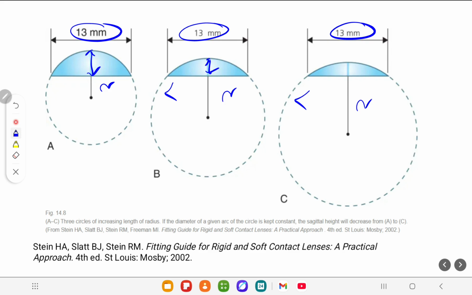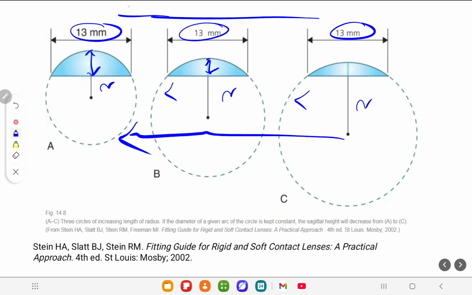The radius of curvature gets smaller, but at the same time the sagittal height increases. So if the diameter is constant, here 13 mm for the contact lens, and the radius is decreasing, the sagittal height is increasing.